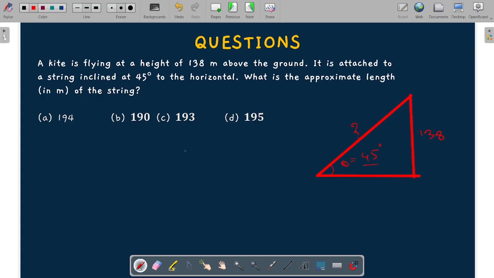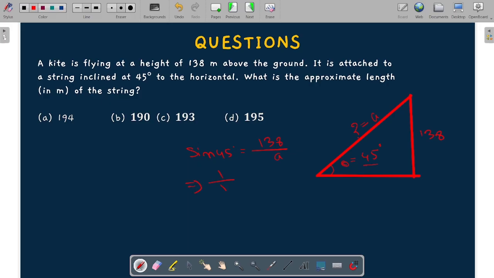अगर ये 45 डिग्री है तो sin 45 डिग्री इक्वल क्या होगा? By using the sine formula, sine ratio, we'll find this string length. Sine 45 degree. This is the h. So 138 by h.